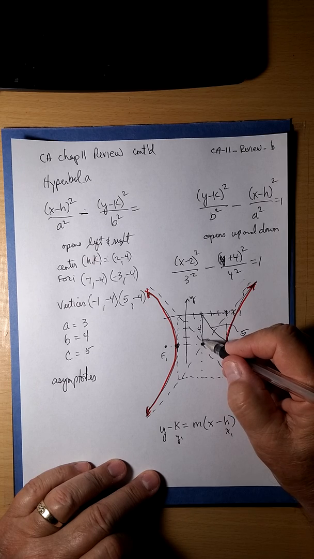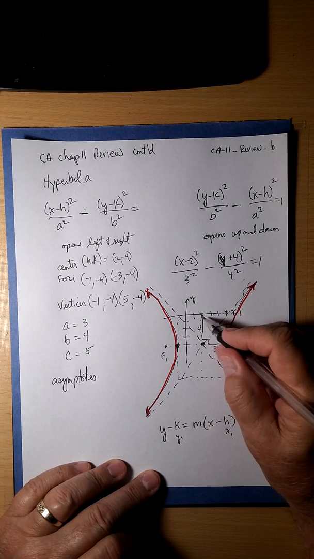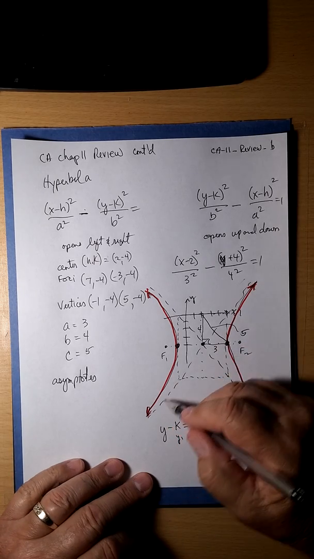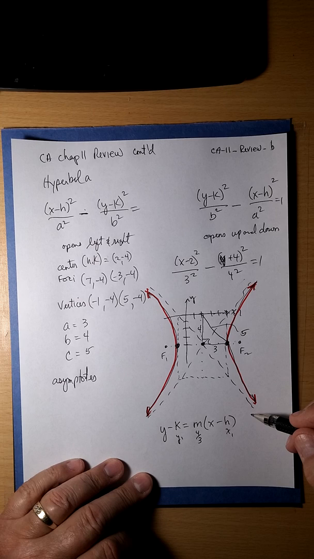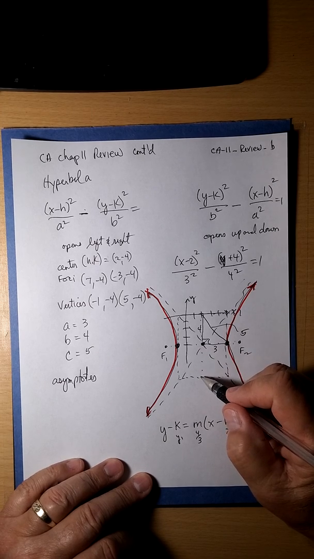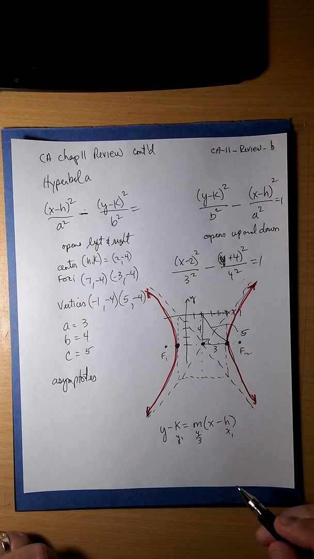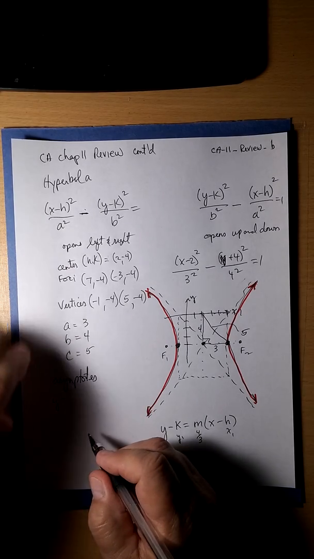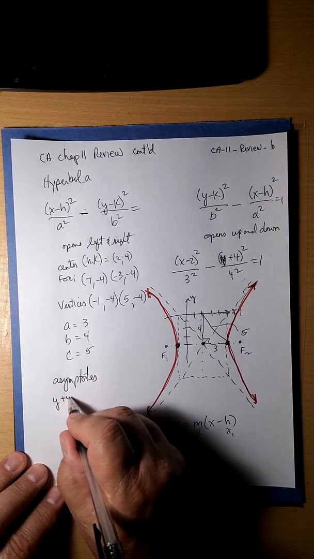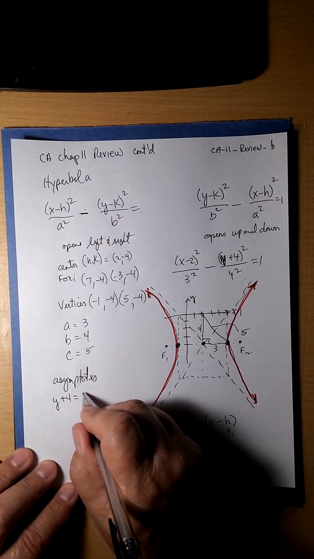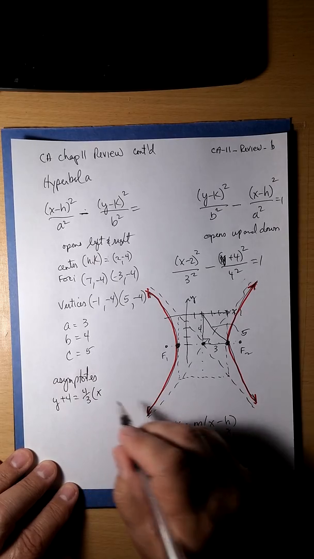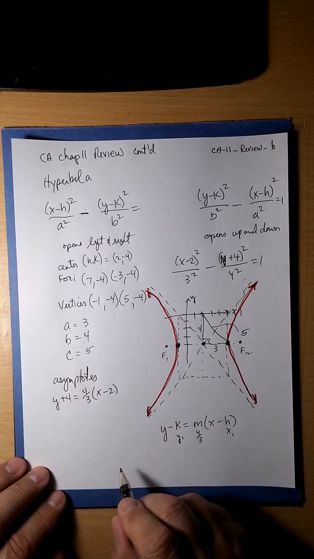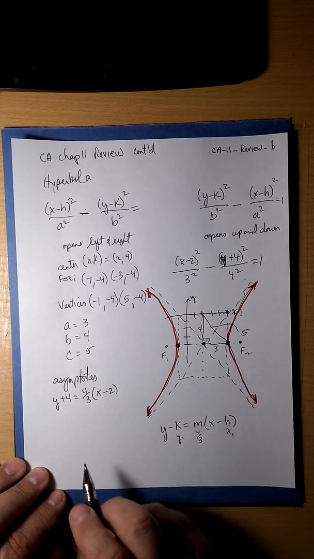In this case, rise over run is going to be the 4 and the 3. It'll be a positive slope this way and a negative slope this way. It would be negative 4 over 3. So those equations are not so bad. It's y minus the y value, so it's y plus 4, equals, in this case, 4/3 times (x minus 2). The other one, just switch the slope to negative.